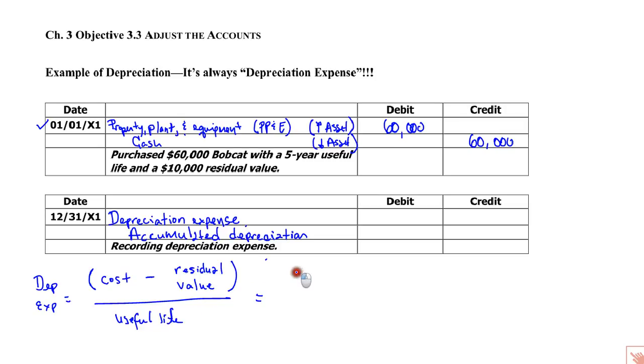In this case, we have 60,000 minus 10,000 divided by 5, and that will equal 10,000.